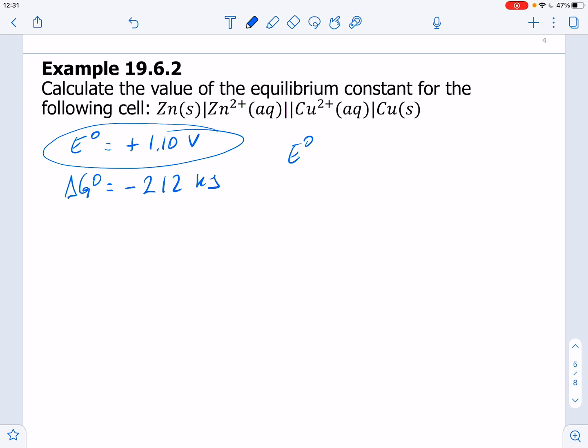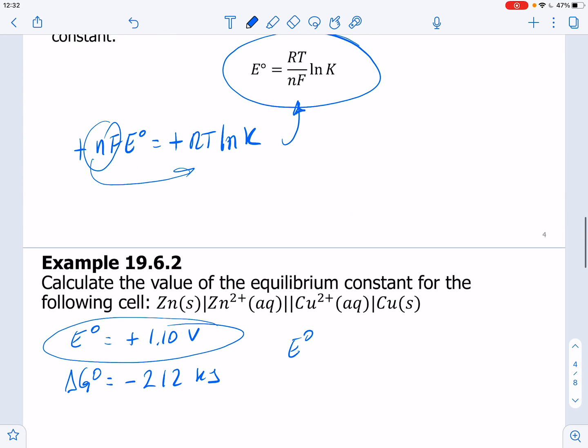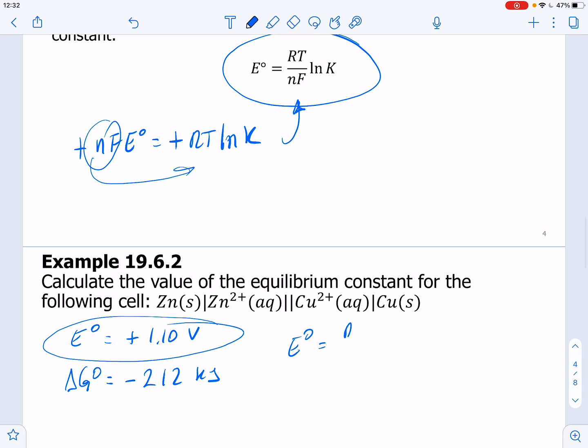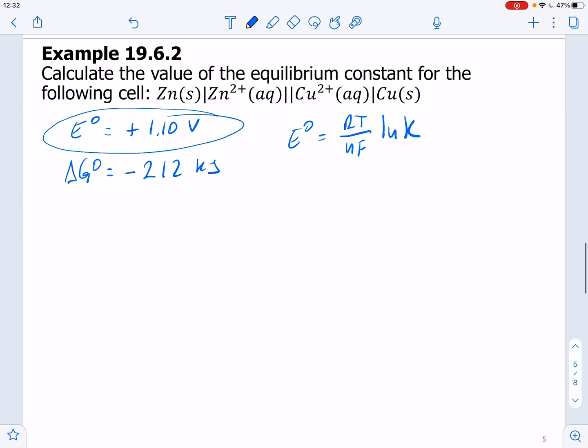So the potential, based on the equation that we had before, is equal to RT divided by NF logarithm of K. Therefore RT logarithm of K is equal to NFE. So logarithm of K is equal to NFE divided by RT.